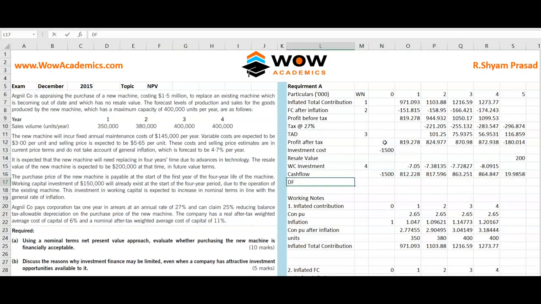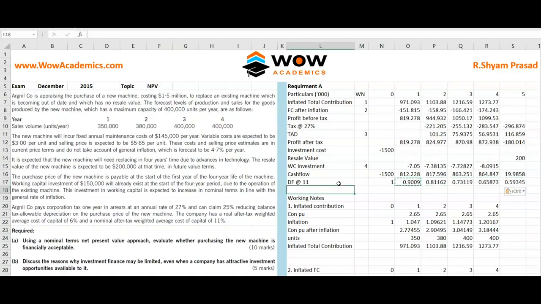We now have to get the discount factor at 11%. The 0th year discount factor is 1. The first year's discount factor is, take the previous year, 1, divided by 1.11. So we have done it, and we just copy and paste it.